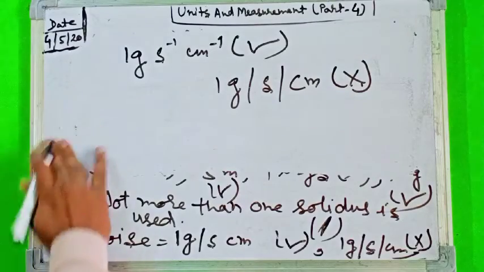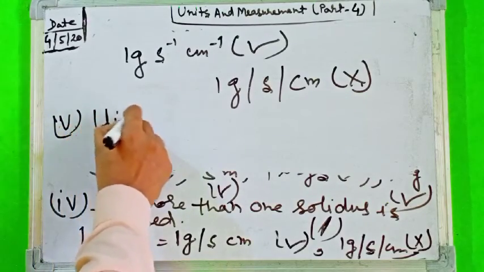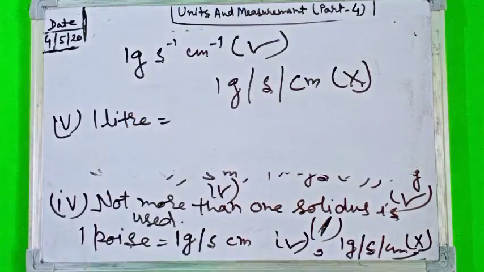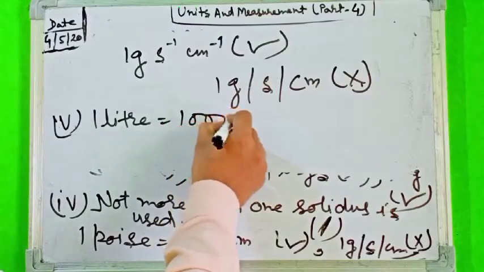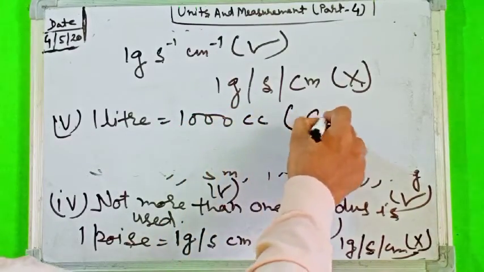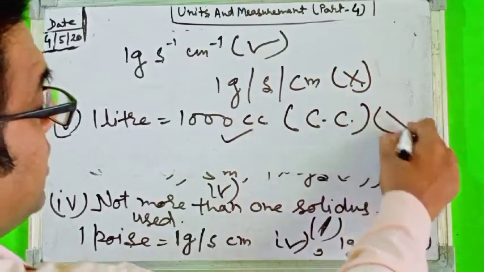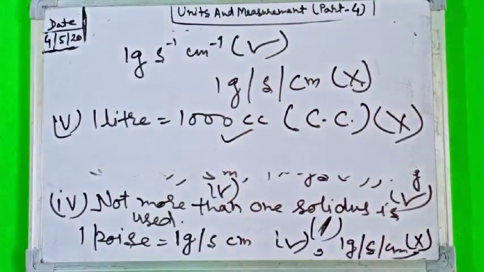And the last one, suppose you are writing 1 liter. 1 liter is equal to 1000 cm cube. It can't be written as cc. This is the correct way.